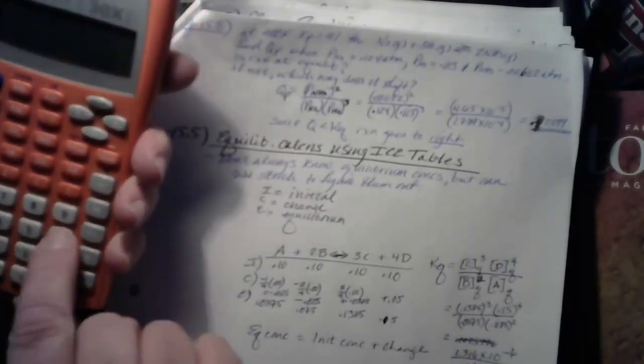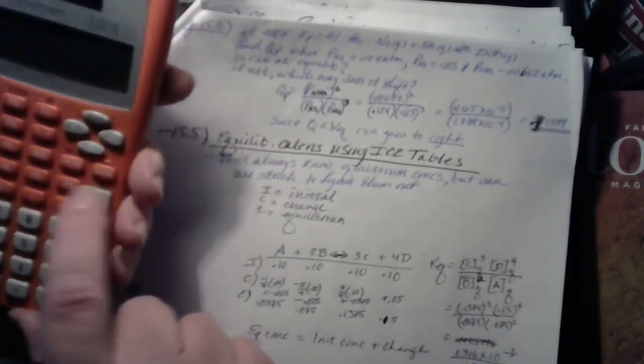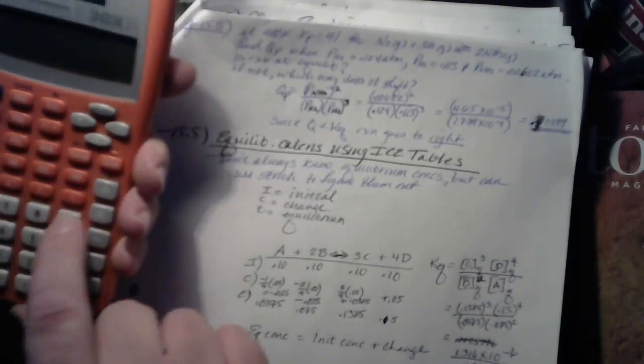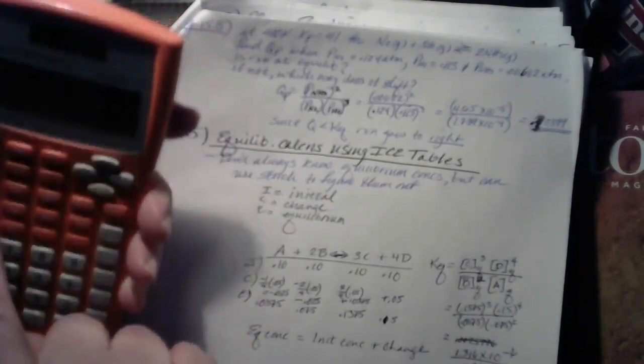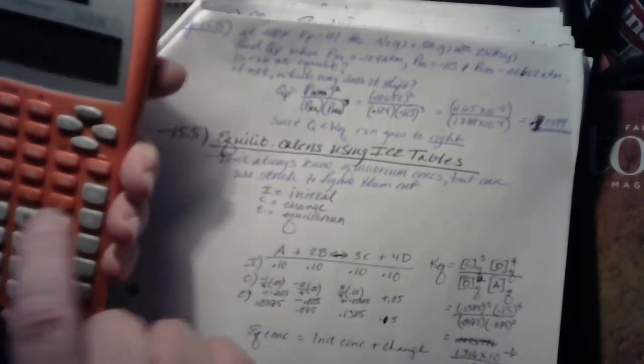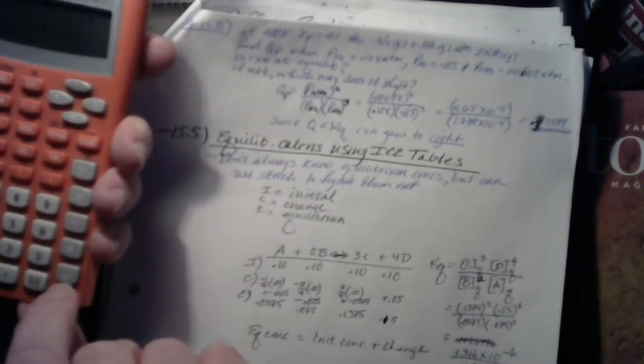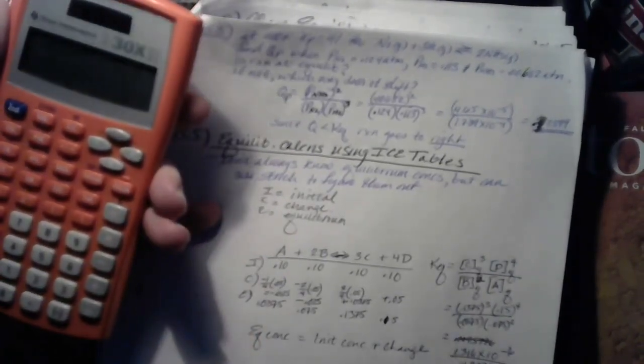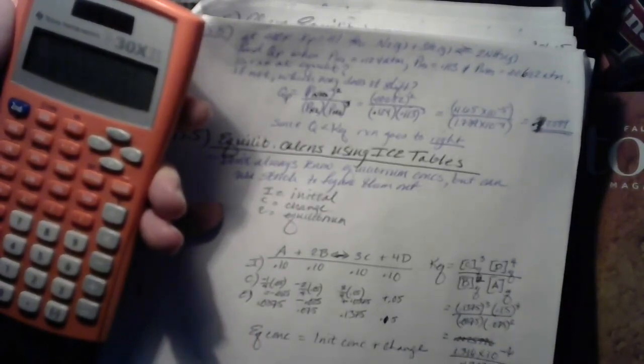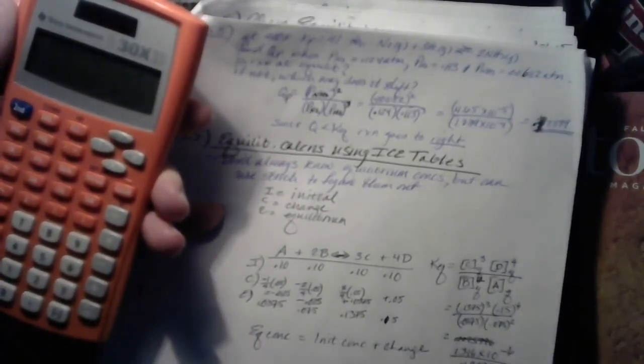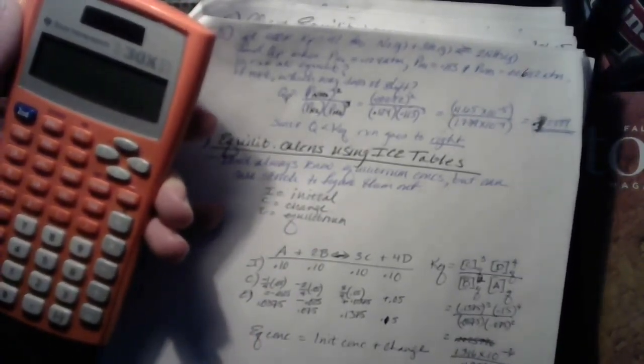Okay, so we have 1.316 times 10 to the minus 6 divided by 4.922 times 10 to the minus 4, and this comes out to be 2.674 times 10 to the minus 3.